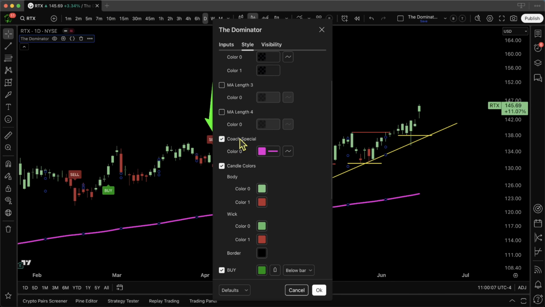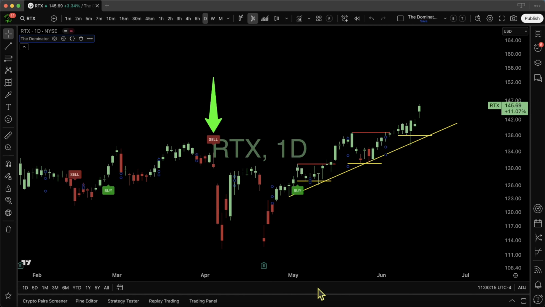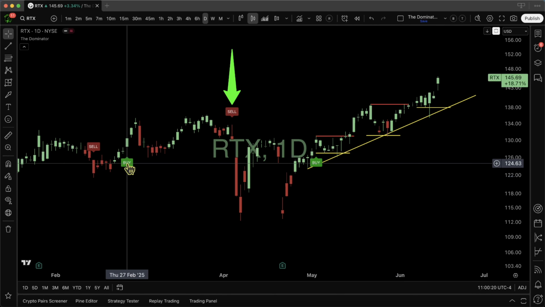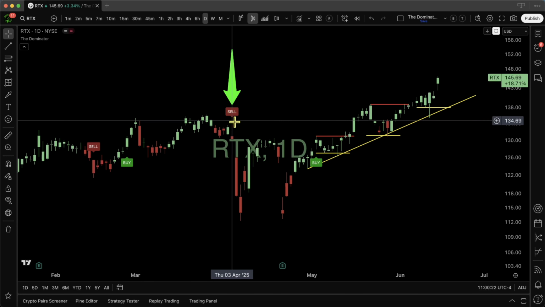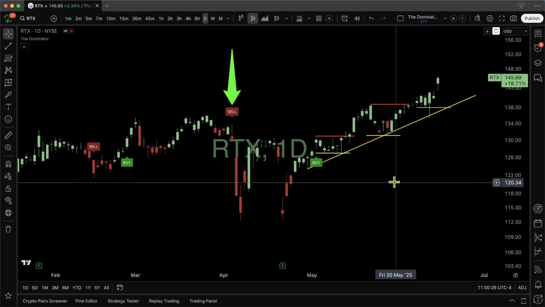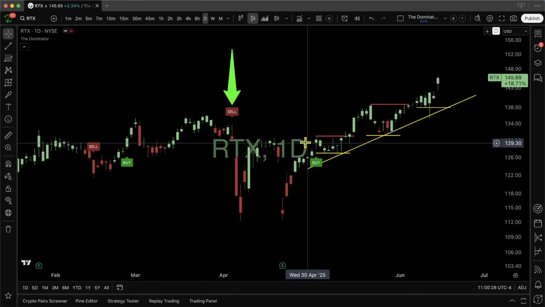You have my coaches special, guys. You need that pink line. I will show you in another video how to take advantage of the rest of this indicator, guys. But you can see it's super simple. I buy, I sell. I buy, I do not sell until I get my signal.